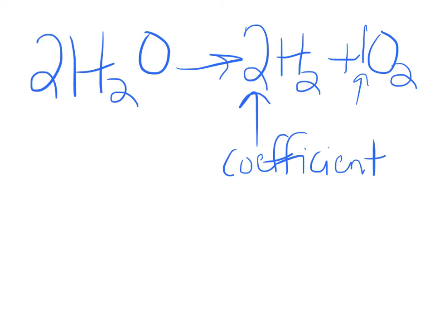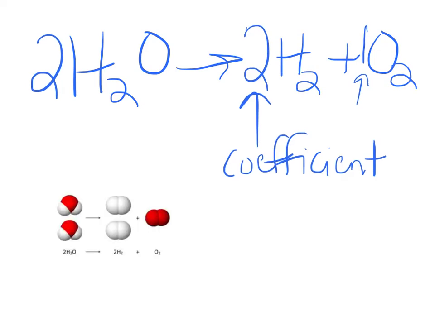To see a visual of what's happening at the molecular level, I'm going to insert an image. Okay, and you can see here very visually, so twice as much hydrogen. As you can see here in the image, in order for us to split this H2O apart, we get 2 hydrogens from just this one.